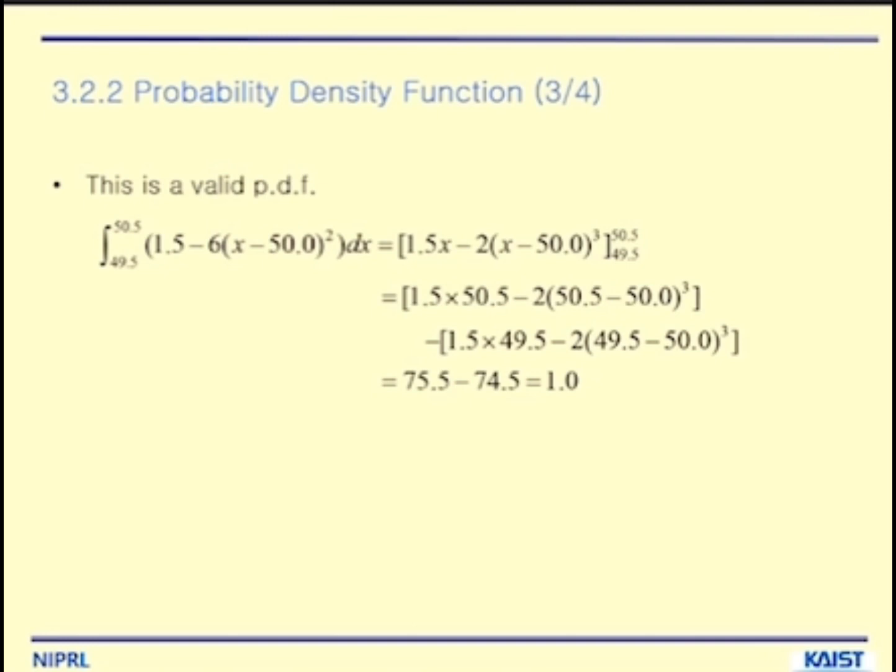How do we show that a particular f of x is valid? Because if it is not valid, you're going to mislead. Whatever inference or question you want to use that f of x for, the result you get will be wrong. Now, how do we show that a given function is valid? Let me tell you something, not all functions are probability functions.